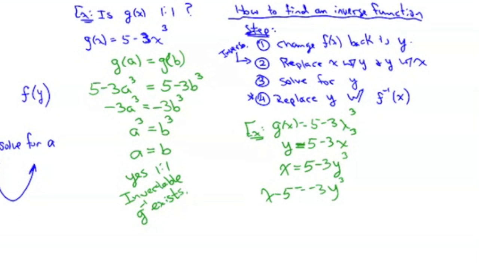Stare at it. And it just gets weird, right? Divide by negative 3. Divide by negative 3. So I'm going to put the y cubed on this side is equal to, what would you write on the other side? Would you leave it like that? X minus 5 over negative 3? Doesn't sound right. So what trick can I play?